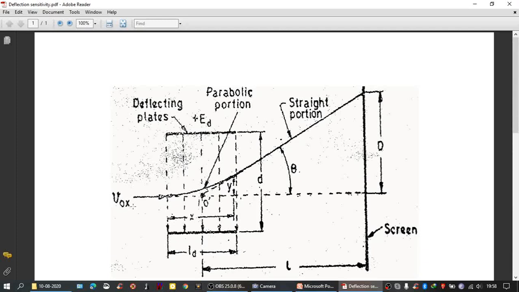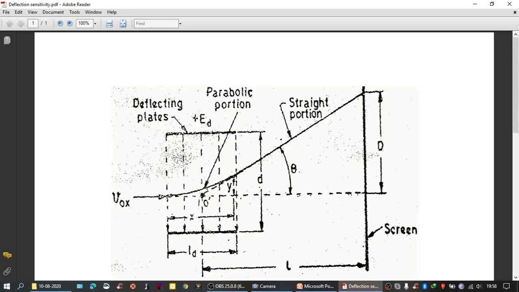Now, the electron, which is having an initial velocity of Vox, enters into this uniform electric field produced by the potential difference applied across the deflecting plates, that is plus Ed.